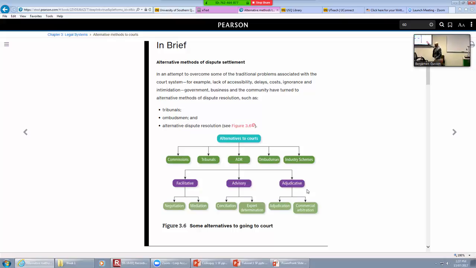All of these are alternatives to courts. Why would you go there? Because it's mostly cheaper and faster, and in many cases you can actually represent yourself without the need for a lawyer.